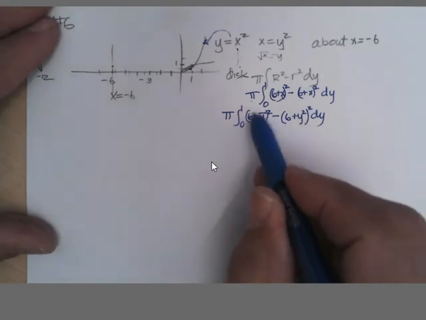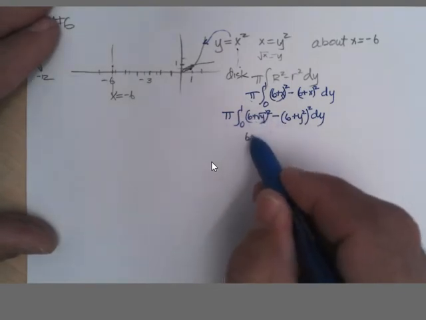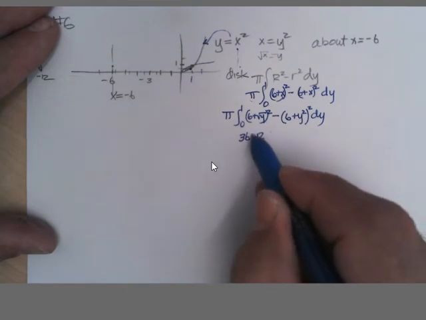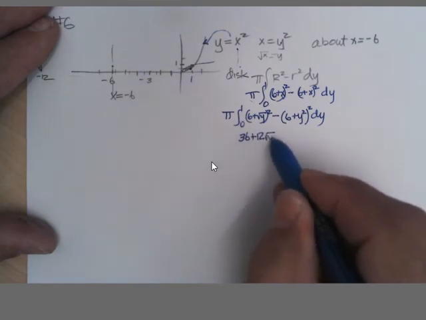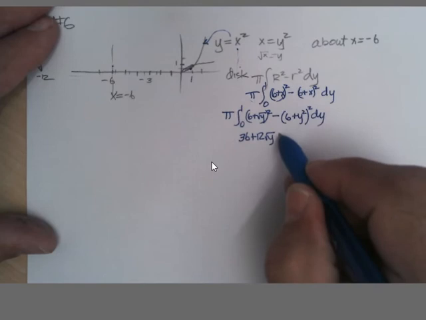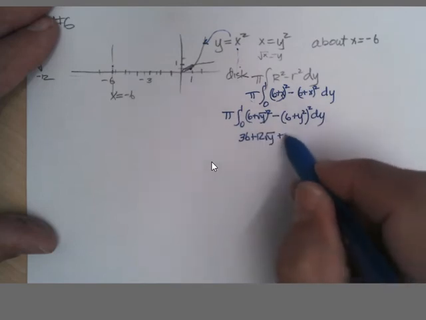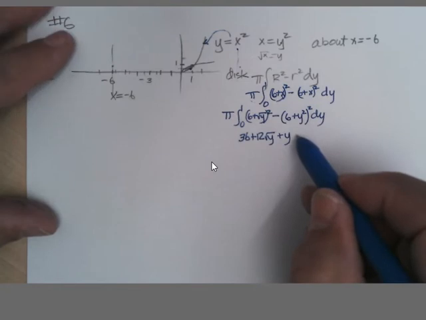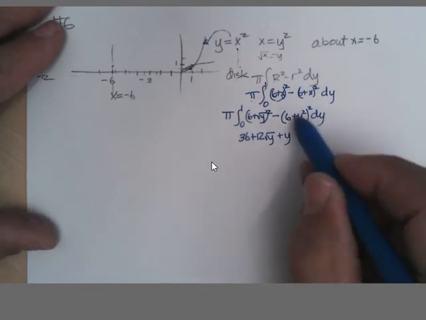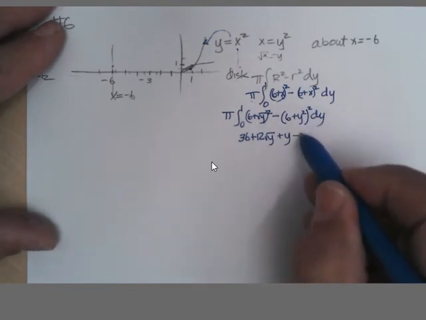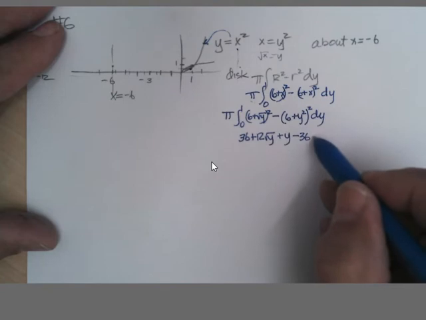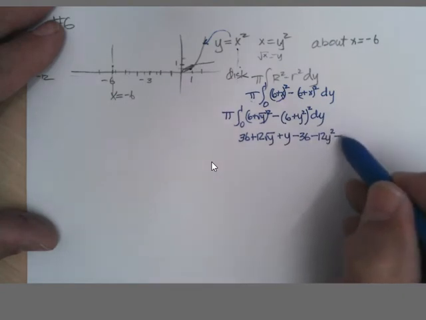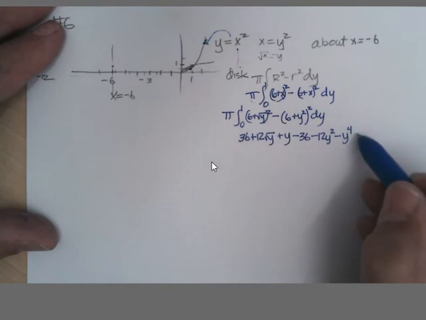Squaring that is going to be 36 plus 12 square root of y plus the square root of y squared, which is just y. Squaring this, it's going to be minus on all of these, and these are all plus, so it's going to be minus 36 minus 12y squared minus y to the 4th, dy.